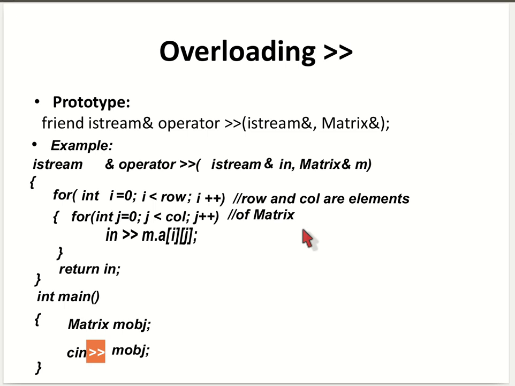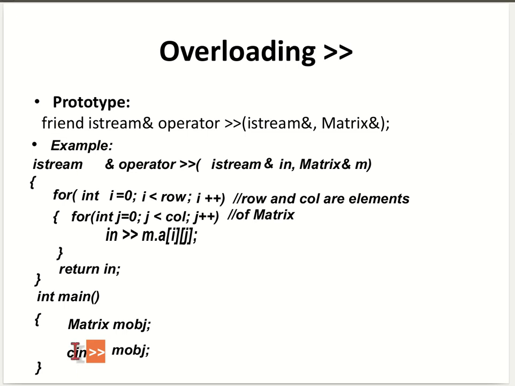What I am doing is extracting from cin, the standard input, and putting it into this object. This extraction operator has two operands, and here we are implementing it using a friend function.